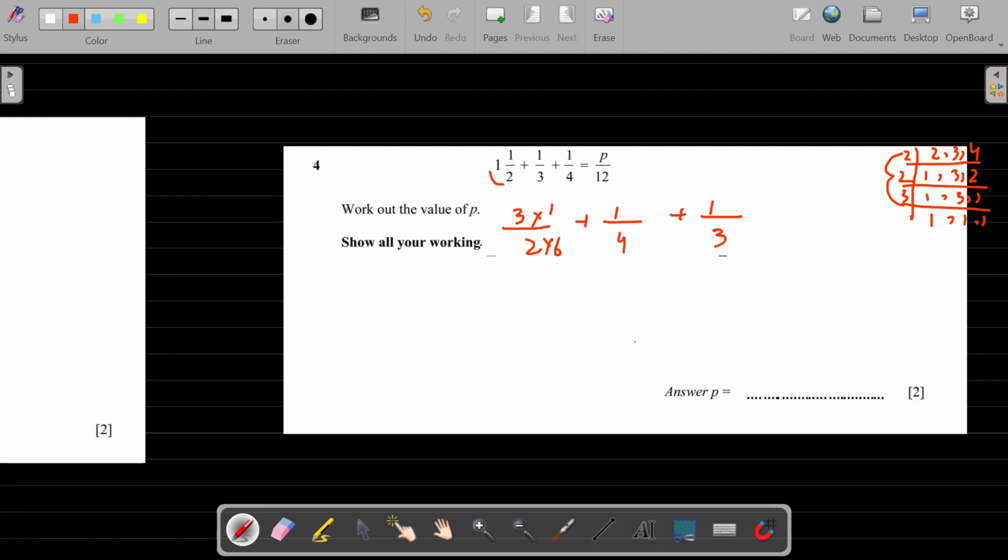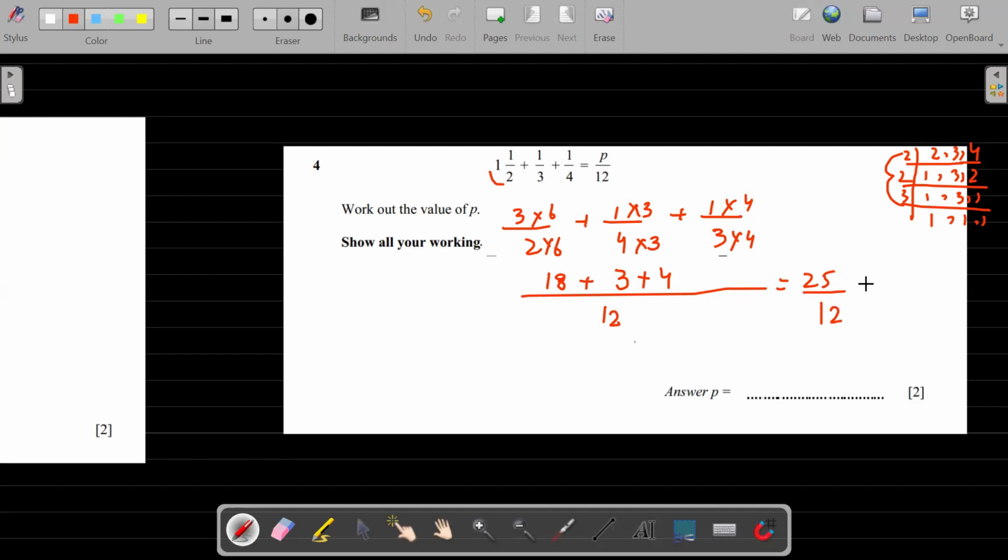Times 6 times 6 times 3 times 3 times 4 times 4. Now let's write them in a single denominator. 6 3s are 18 plus 3 plus 4. So 18 plus 3 plus 4 is 25. This is equal to 25 by 12.